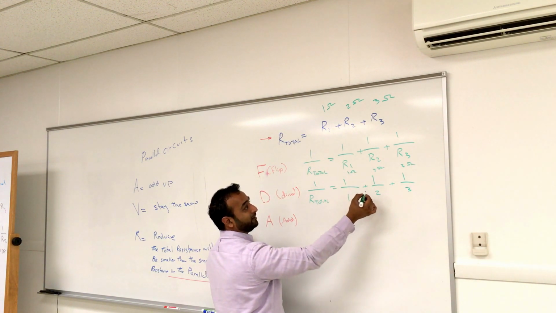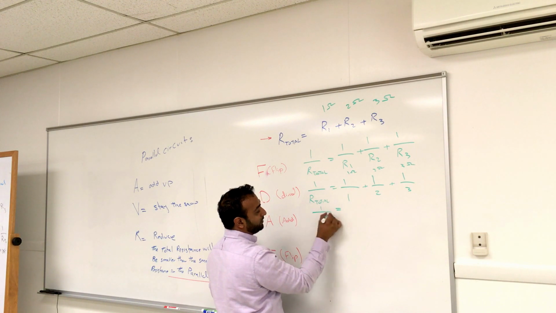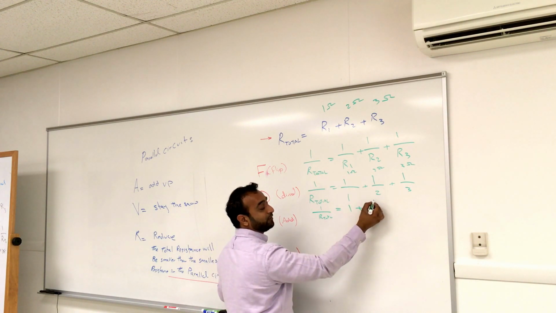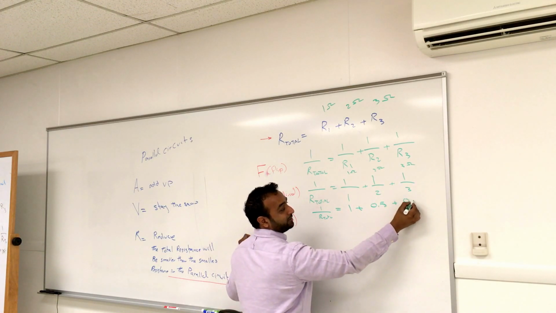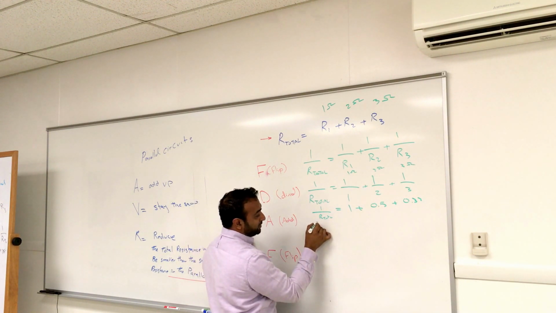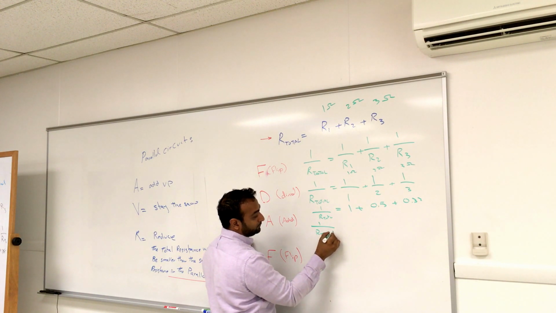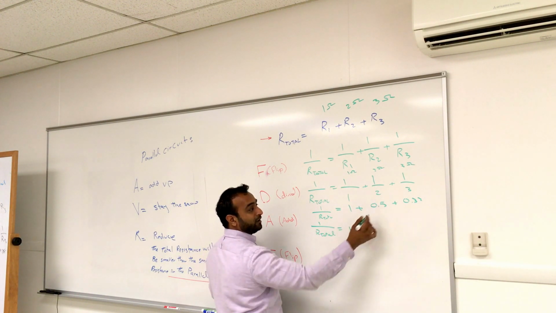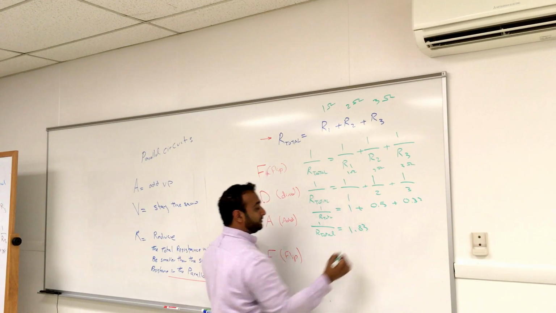So if I divide that, I'll get 1 over R total. 1 plus, what is 1 over 2? 0.5. 0.33. Then I'll do the add. I'll add this together. So I'll keep saying 1 over R total equals 1.83.